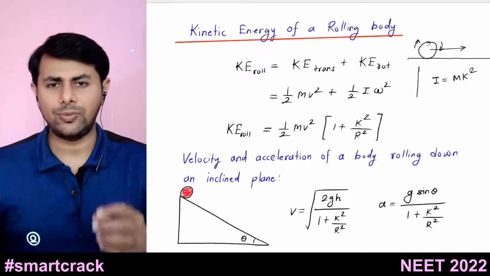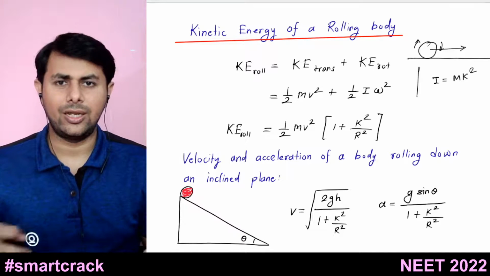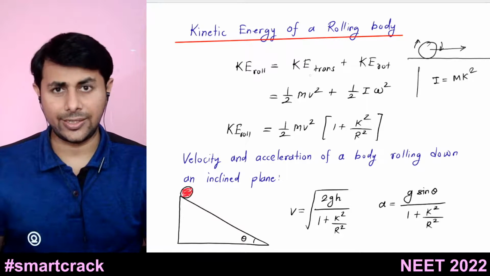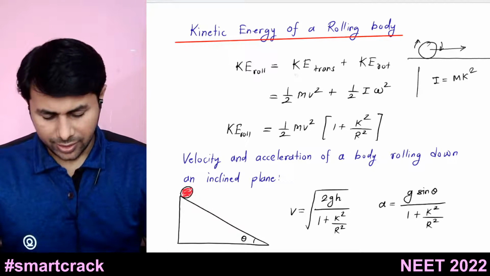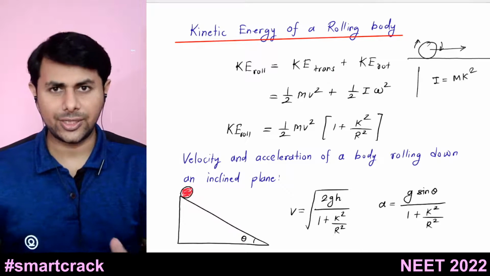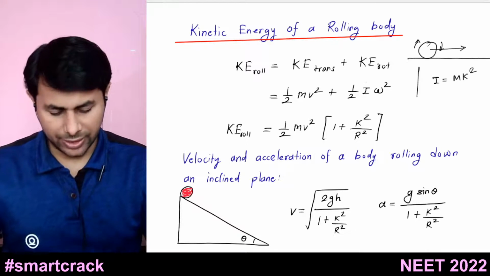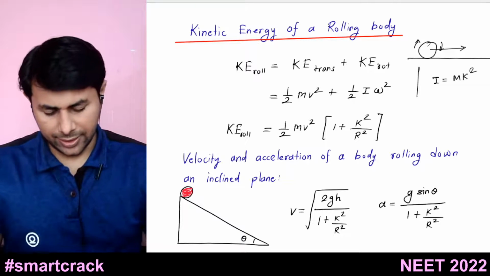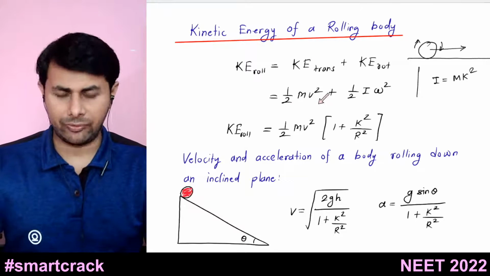So rolling motion is a combination of linear motion and rotational motion. So it has two kinetic energies associated with it. One is kinetic energy due to translational motion, or linear motion, and one is kinetic energy due to rotational motion. The kinetic energy of translational motion is half of mv square.